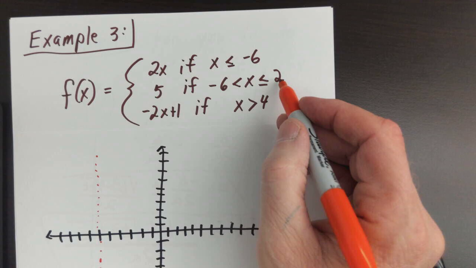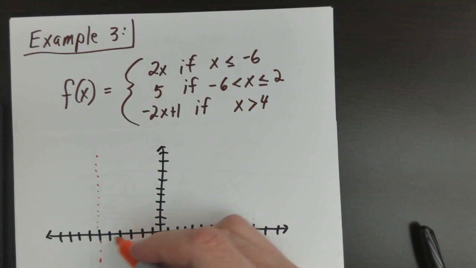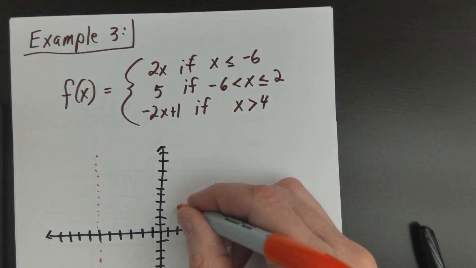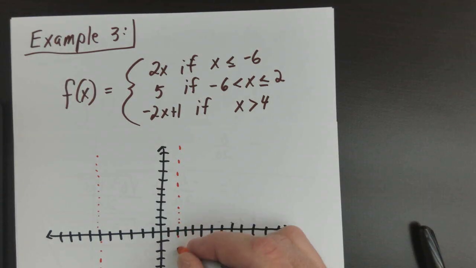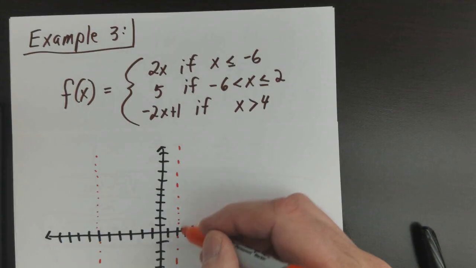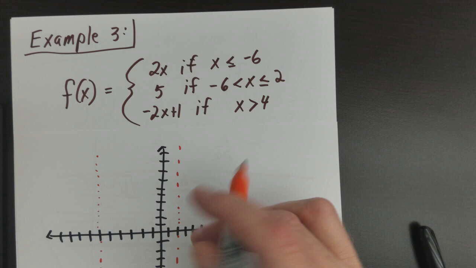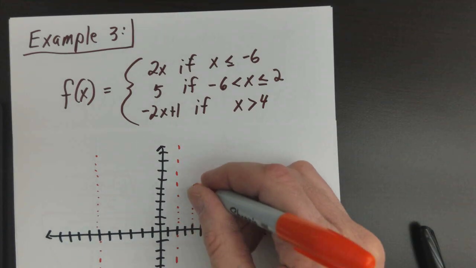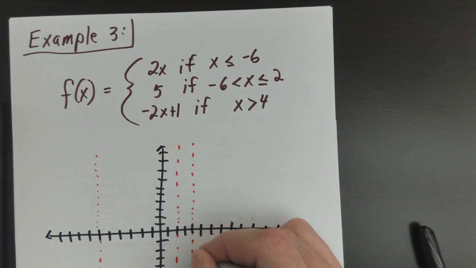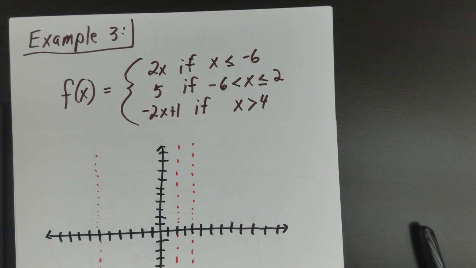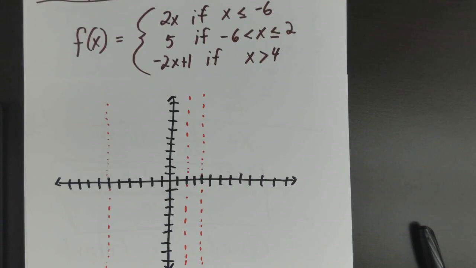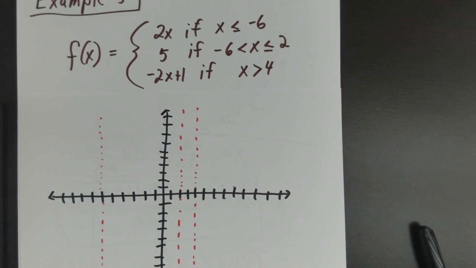And from -6 to 2, we'll draw a vertical line at x equals 2. And then at x equals 4, so we're going to have a gap here. And that's got implications for the domain also that we'll talk about in a little bit. It's easier to talk about domain when you look at the graphs.